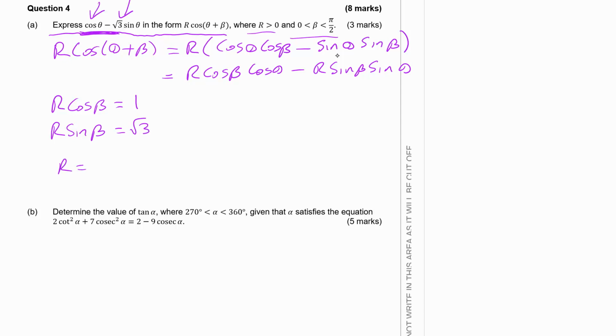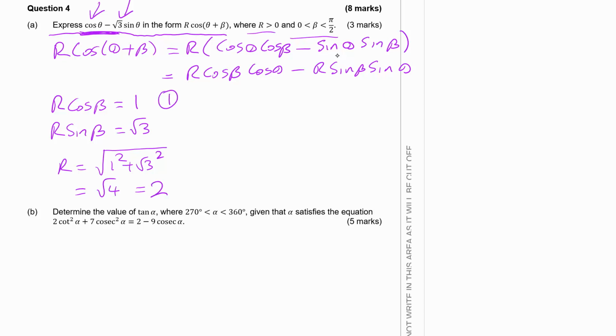That tells me that r is the square root of 1 squared plus root 3 squared, which is the square root of 1 plus 3, so that's root 4. So r is equal to 2.